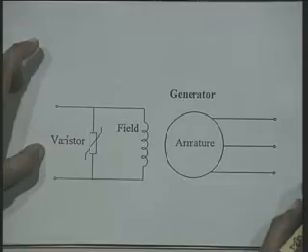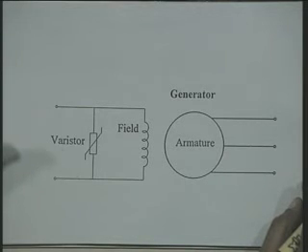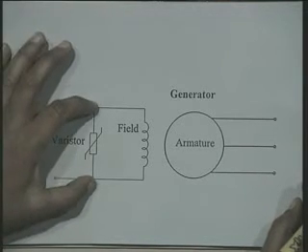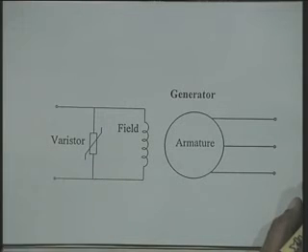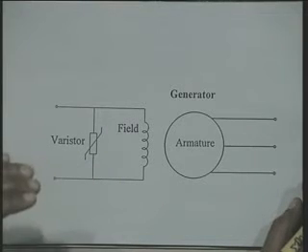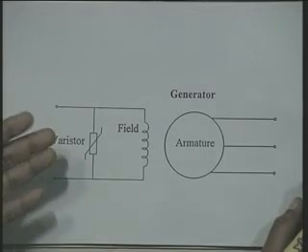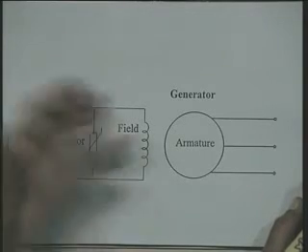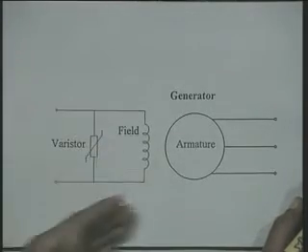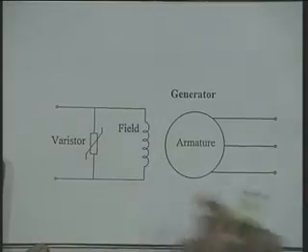Another arrangement is to make use of a varistor, which is a non-linear resistance. When the voltage across this circuit is below a set value, it offers infinite resistance, and when the voltage goes beyond a certain value, it offers low resistance, and therefore it allows the field current to flow in the negative direction.